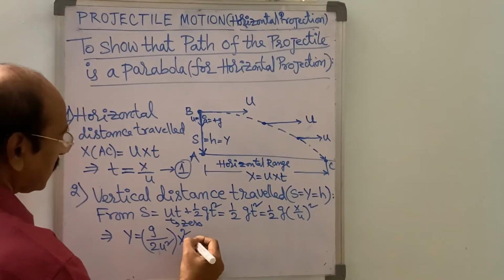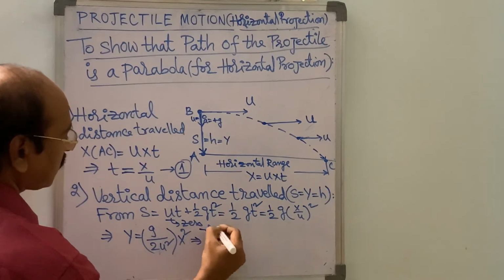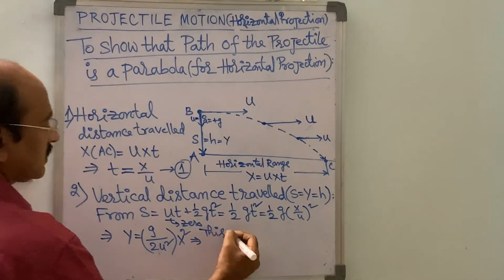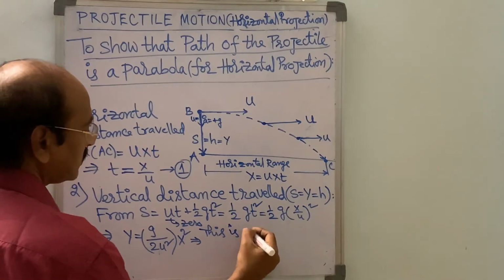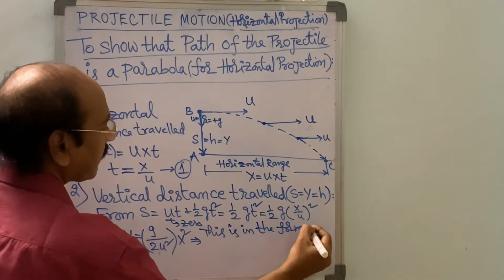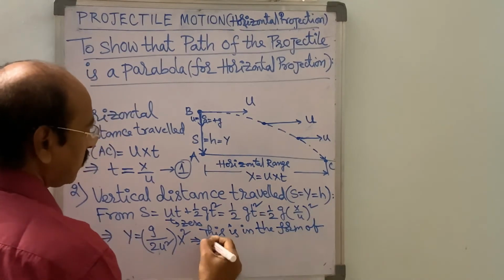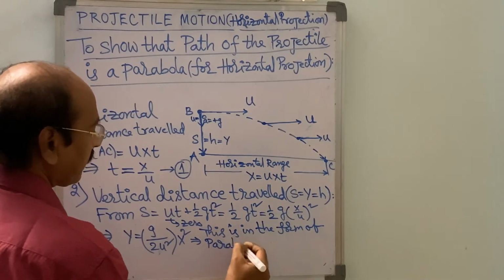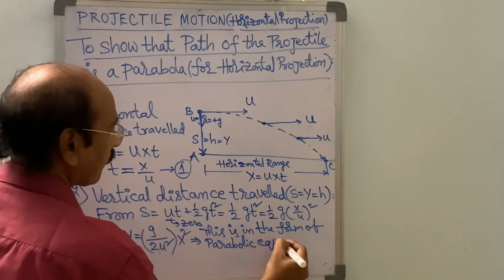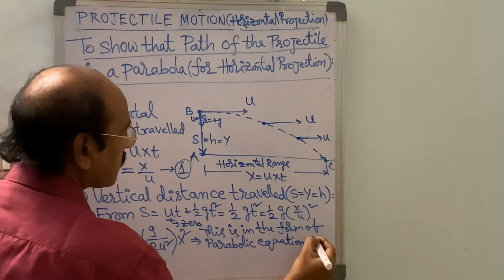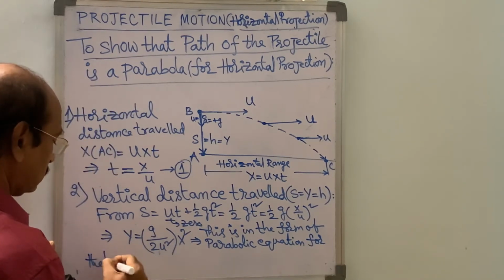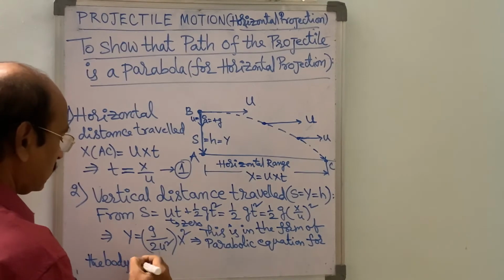So this equation is in the form of a parabolic equation for the body passing through the origin.